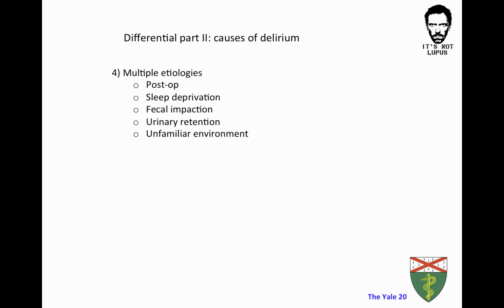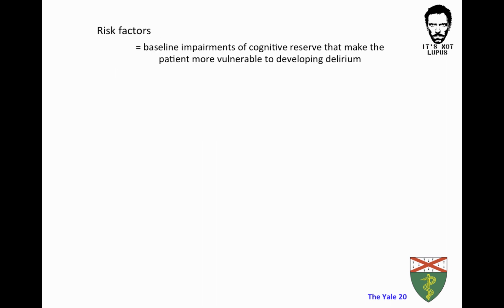There can also be multiple etiologies, like post-op delirium, sleep deprivation, fecal impaction or urinary retention, or simply being in an unfamiliar environment like the hospital. Some patients are more susceptible to delirium than others, so it is helpful to consider the patient's risk factors. Basically, these are baseline impairments of cognitive reserve that make the patient more vulnerable to developing delirium.